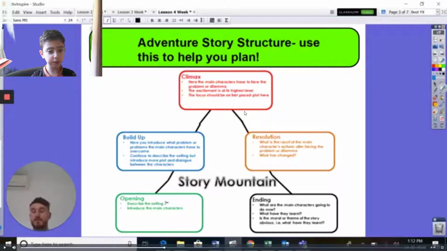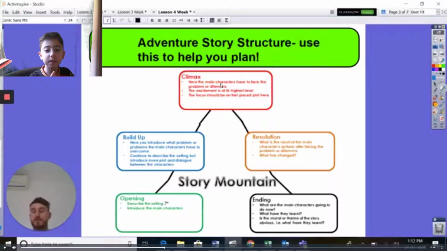The build-up is where we introduce what problem the main characters have to overcome. Continue to describe the setting, but introduce more plot and dialogue between the characters. Climax, where the main characters have to face a problem or dilemma.